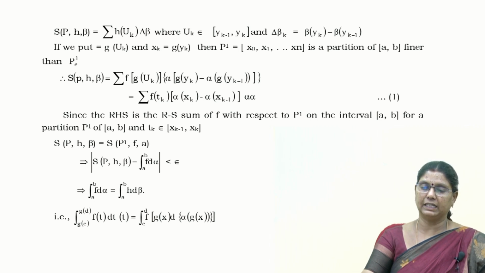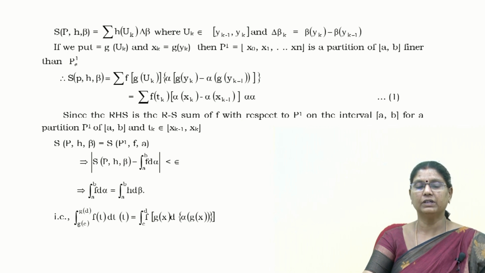The right hand side is the Riemann-Stieltjes sum of f with respect to the partition P1 on the closed interval [a, b], and tk is an interior point of the kth subinterval. Hence S(P, h, beta), the Riemann-Stieltjes sum of the partition P with respect to h, is equal to S(P1, f, alpha).